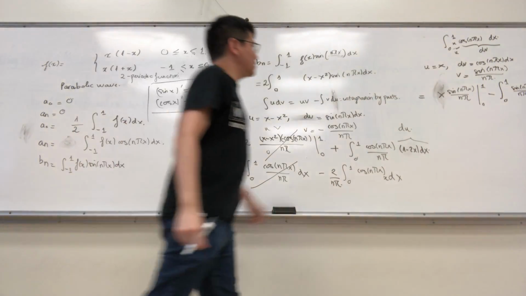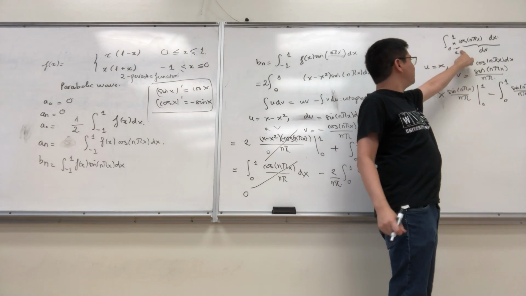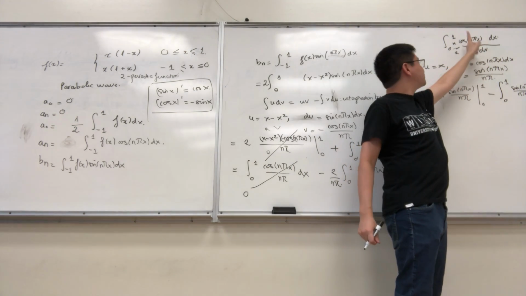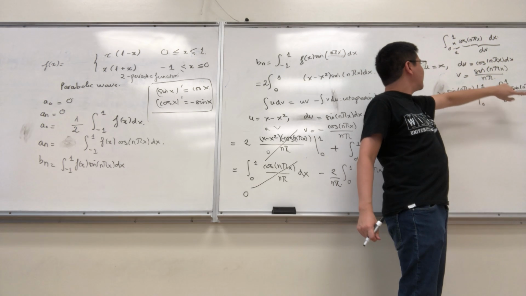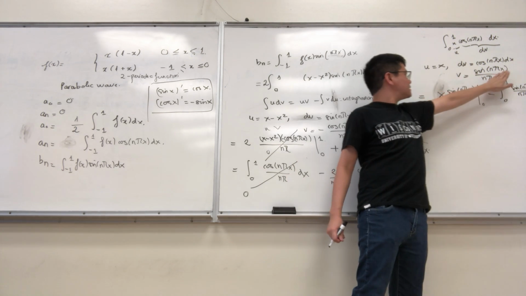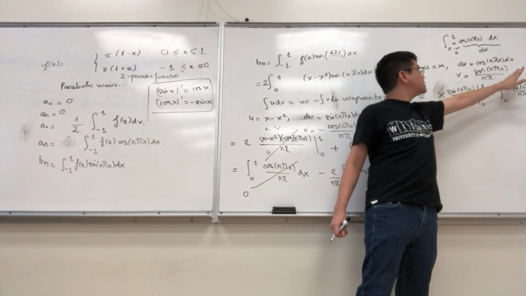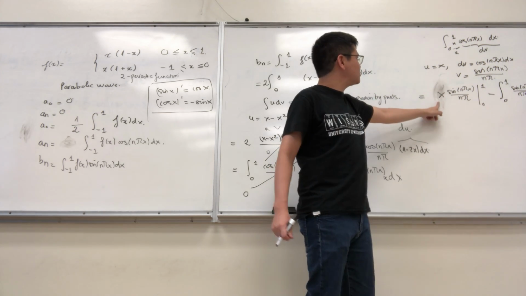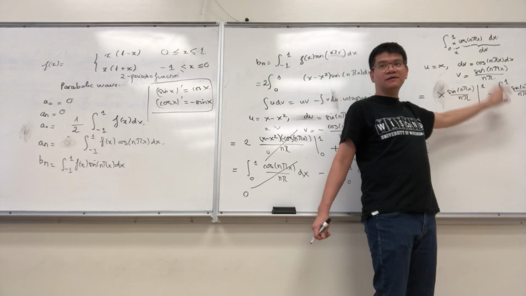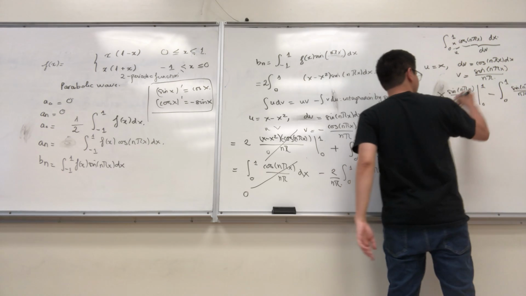So here I have u dv, which is cosine n pi x dx. I'm going to take the antiderivative of cosine and I get sine. So I use integration by parts. The first part is going to be 0.